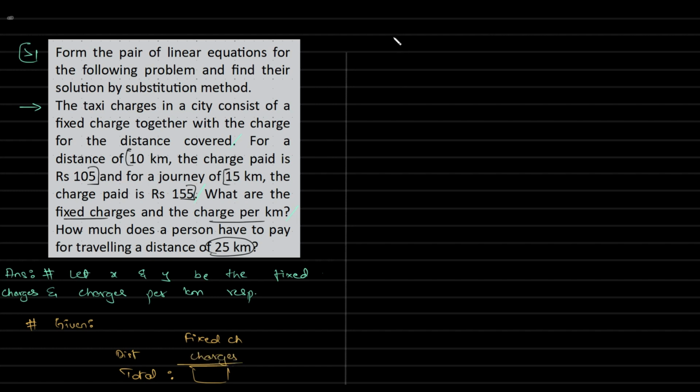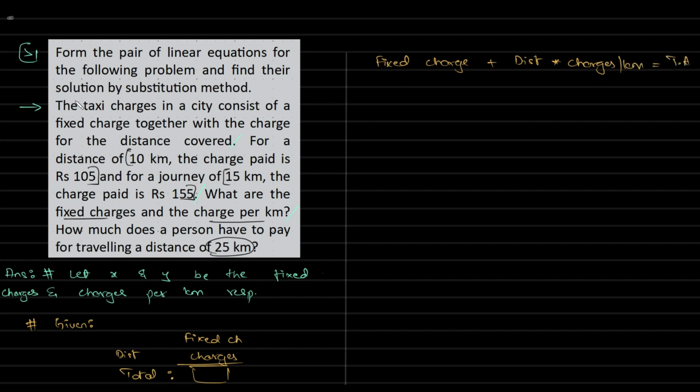So the total amount is made up of fixed charge plus distance into charges per kilometer, which is equal to the total amount.